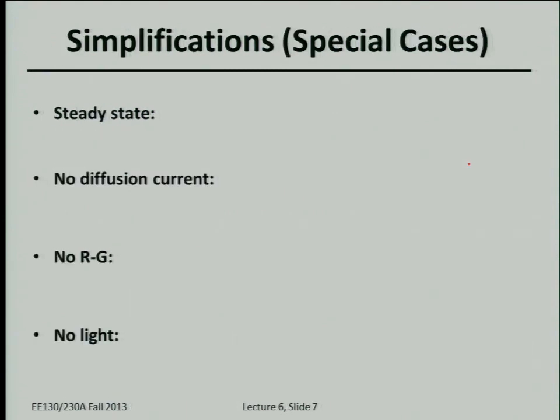Okay. So fortunately, to understand how semiconductor devices work in different regions, we can make simplifying assumptions to come up with simple equations to describe how current flows in a transistor, for example. So let's look at some very special cases that are actually commonly encountered.